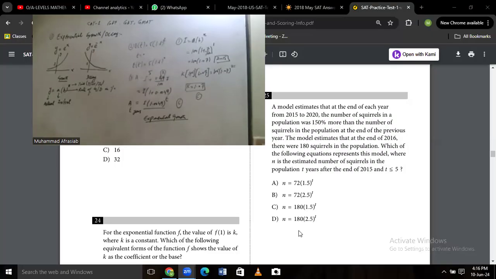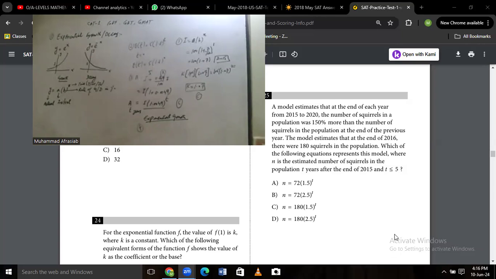Question number 4 now. A model estimates that at the end of each year from 2015 to 2020, the number of squirrels in a population was 150% more than the population of squirrels at the end of the previous year.